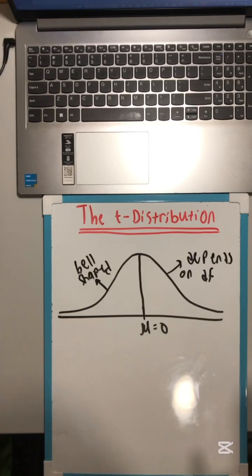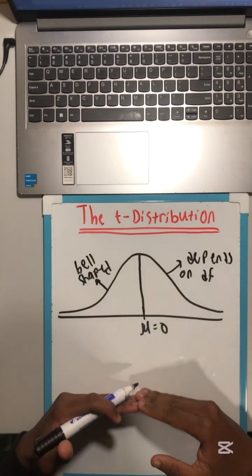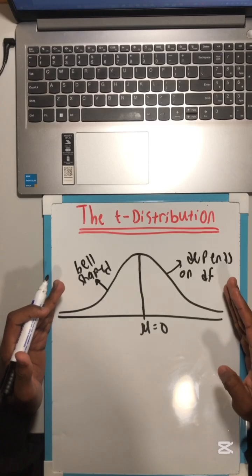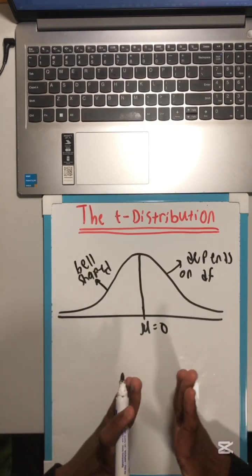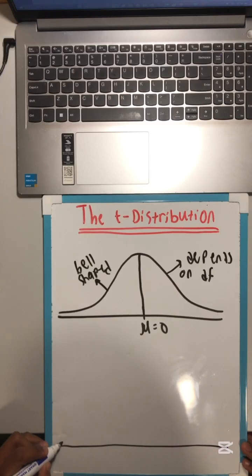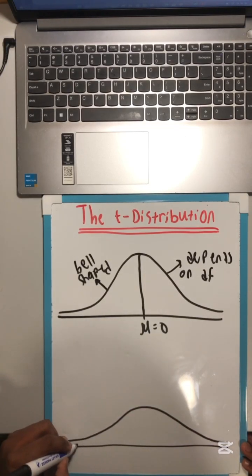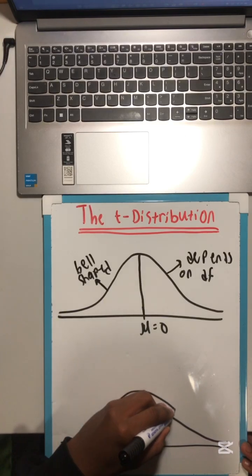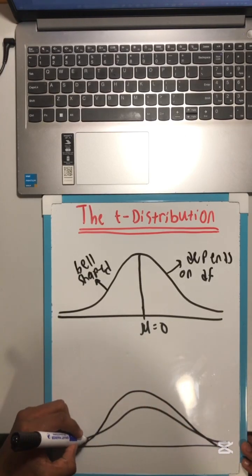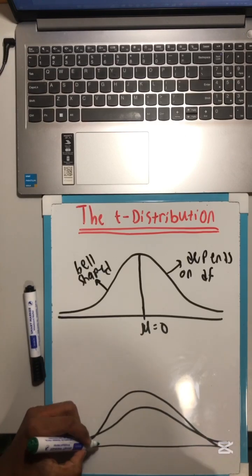As the degrees of freedom increase, the curve tends to get narrower and narrower. You can have this flatter curve, and you can have this other curve. I should have used different colors from the get-go.